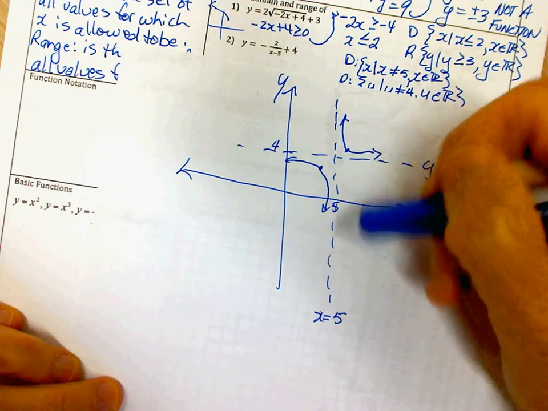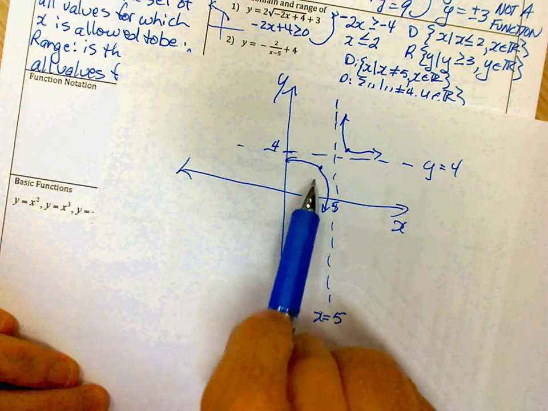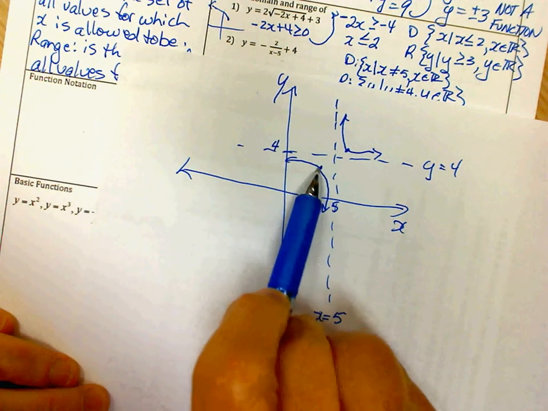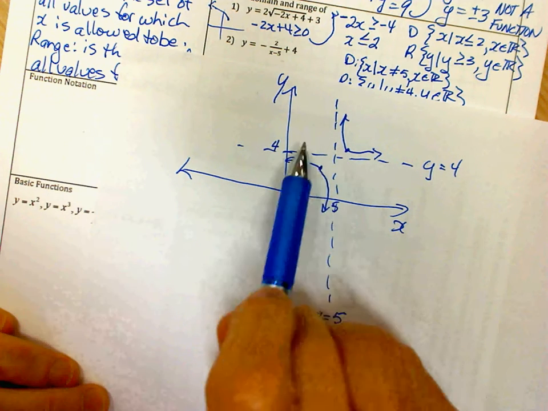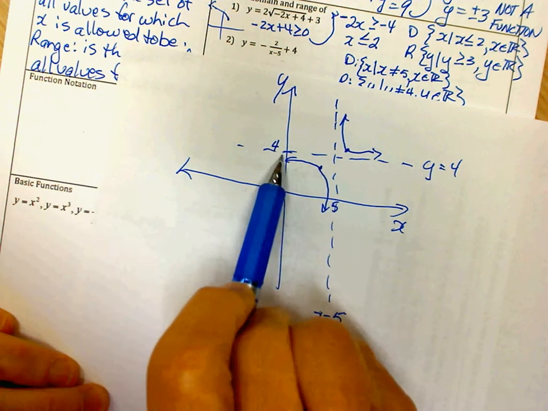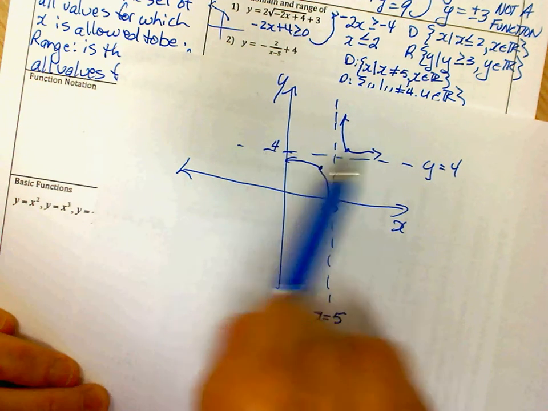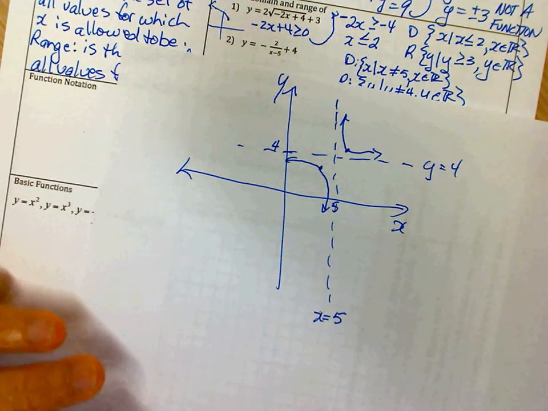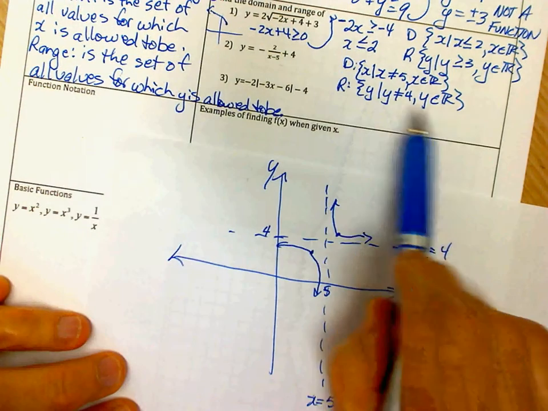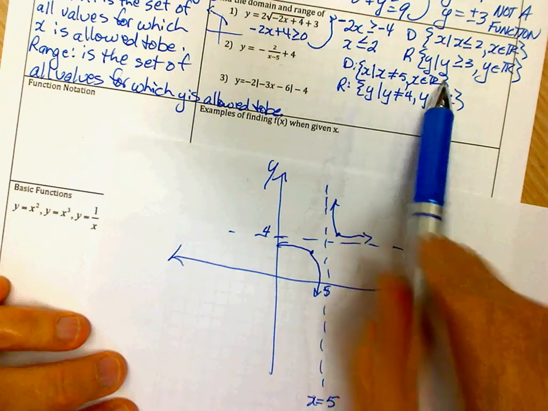And as y gets closer and closer to 4, either here or here, it will never touch the line y equals 4. So that's why we say y can be anything but 4, and x can be anything but 5.